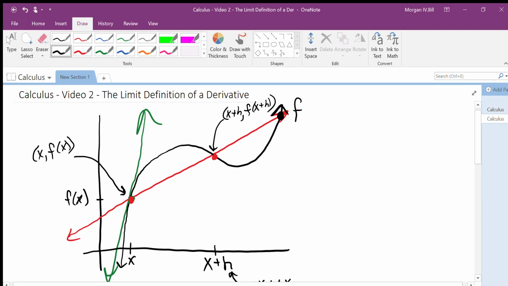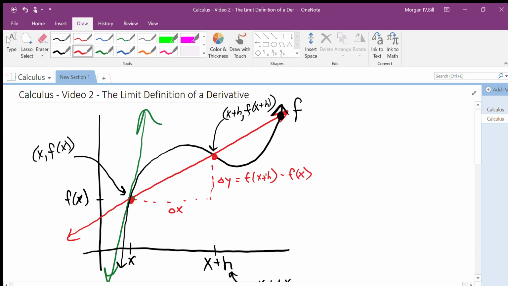All right, so we have 2 points. We have the point x, f of x on the left. We have the point x plus h, f of x plus h on the right. And the slope of the secant line is simply the change in y over the change in x. Right, it is how much is the x changing, that's the delta x. How much is the y changing, that's the delta y. We'll start with the delta y. We see the delta y is just the second y value, f of x plus h, minus the first y value, f of x.